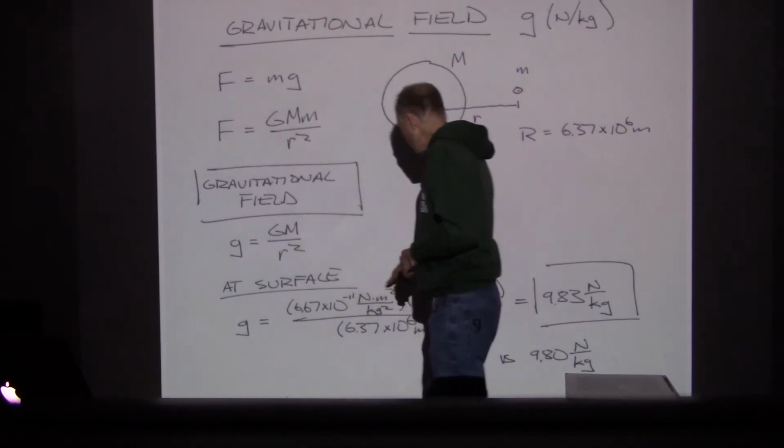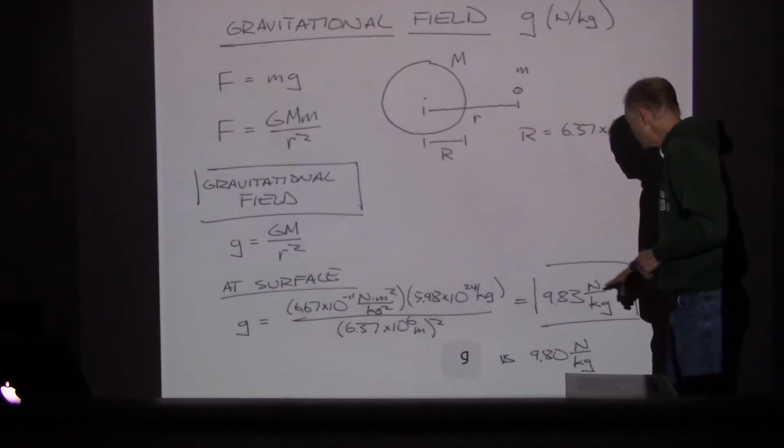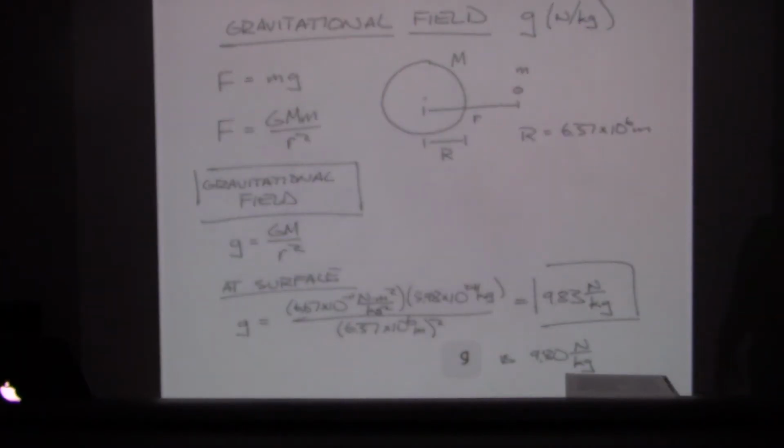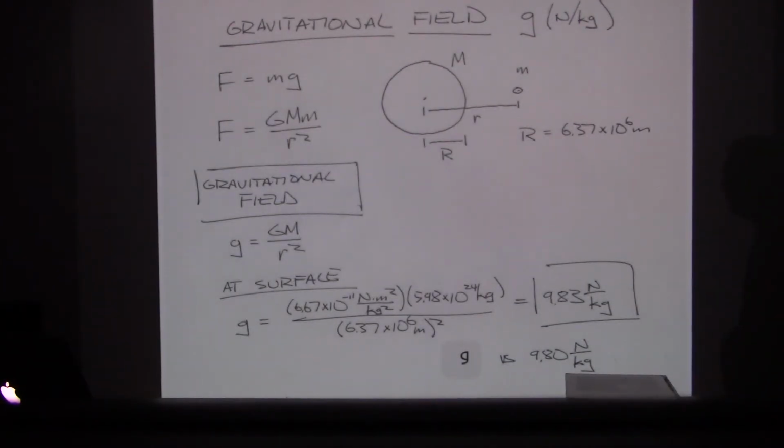At the surface, what that gives us is 9.83. So if I use the formulas for gravitational force and gravitational field, and I plug in the numbers for the Earth's radius and the Earth's mass and the gravitational constant, that predicts at the surface of the Earth the gravitational field should be 9.83 newtons per kilogram.